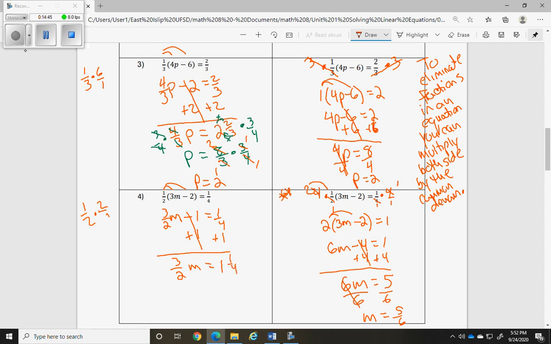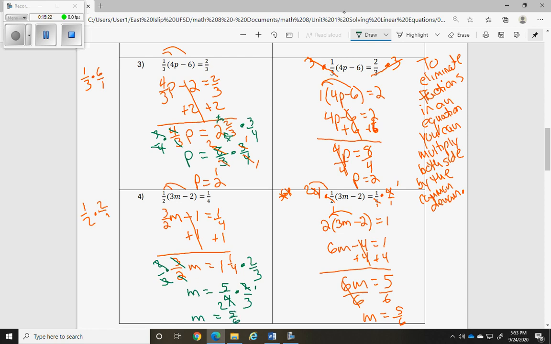I have to multiply by the reciprocal, so I'll multiply by 2 over 3. So that crosses out, and I'll multiply by 2 over 3, but I can't multiply with mixed numbers, so I have to change them to proper fractions. This turns out to be 5 over 4 times 2 over 3. I can simplify this 2 and this 4. That's a 1 and that's a 2. So my answer is 5 over 6.